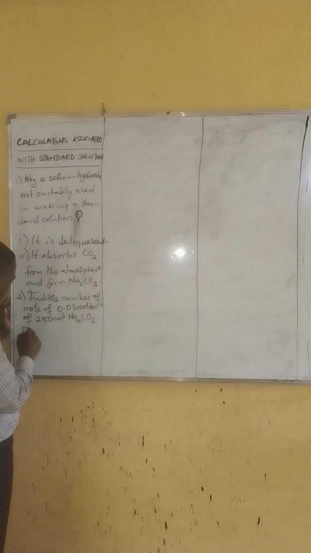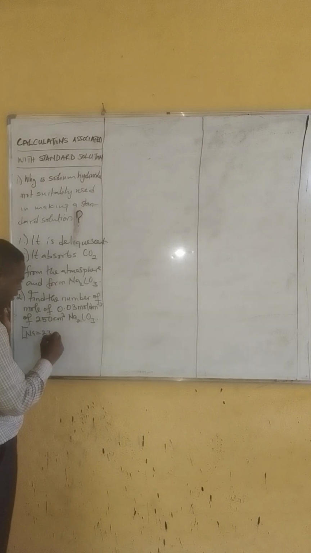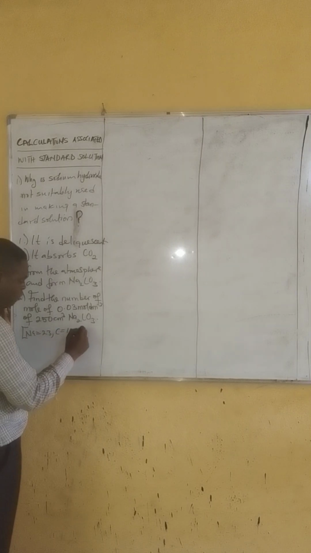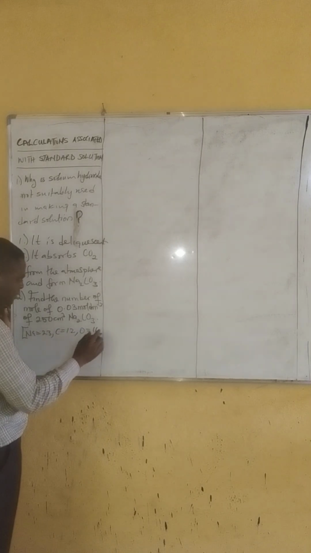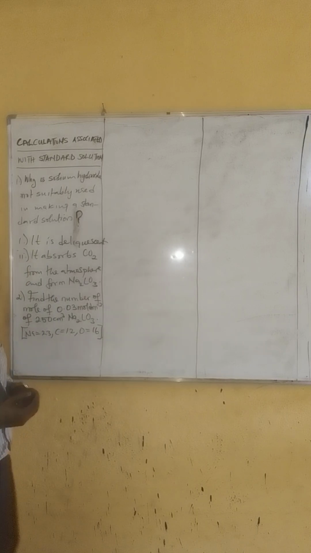Then they now put Na equals to 23, C equals to 12, O equals to 16. And they give you something like this.